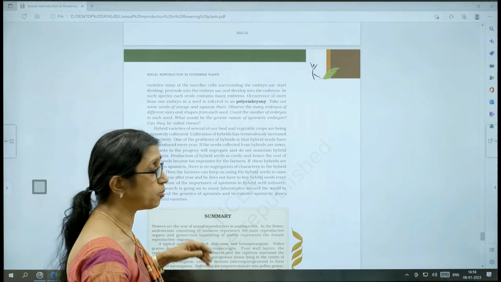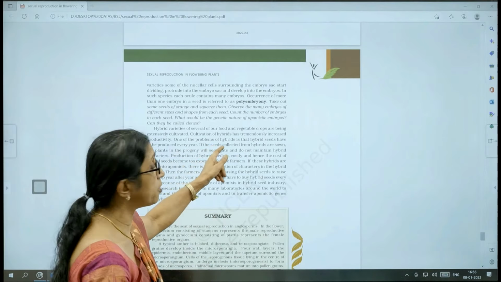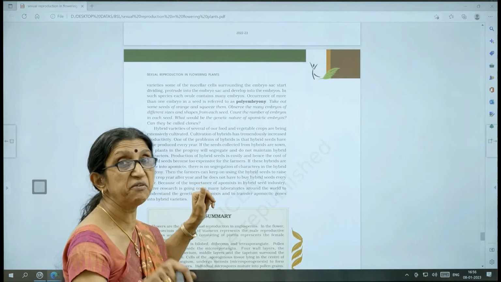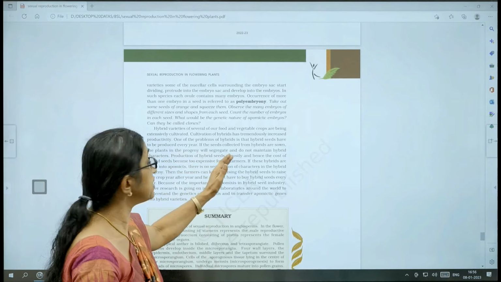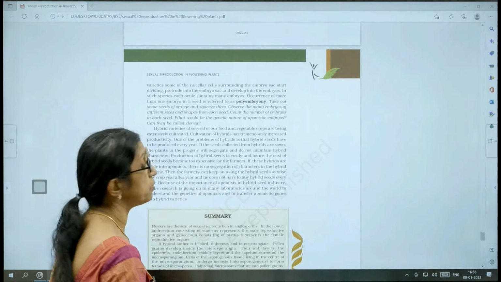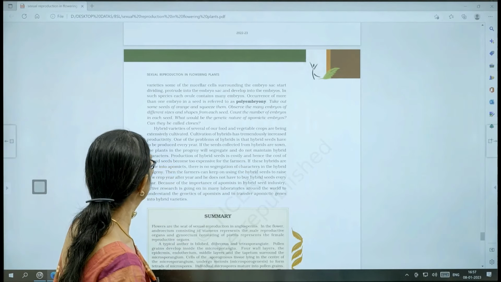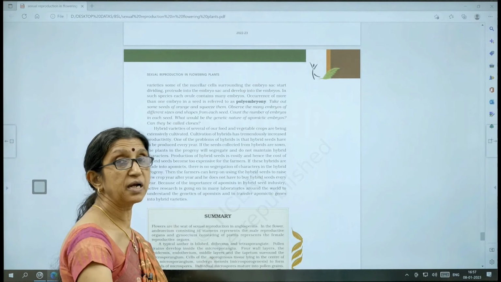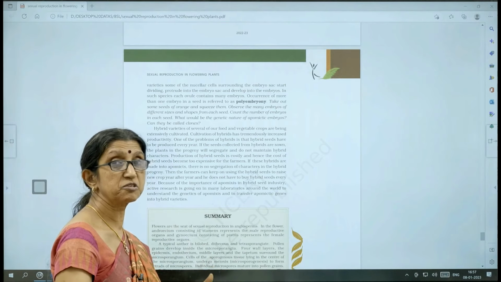But there is a problem. One of the problems of hybrids is that hybrid seeds have to be produced every year. If the seeds collected from the hybrid plants are sown to develop the next generation, it will not show hybrid vigor because of the process of segregation.